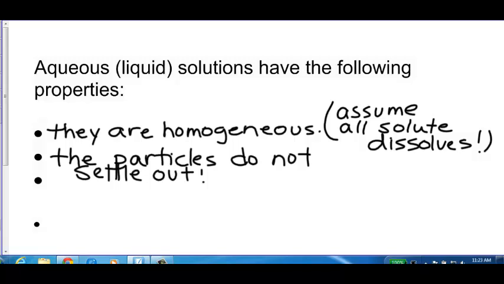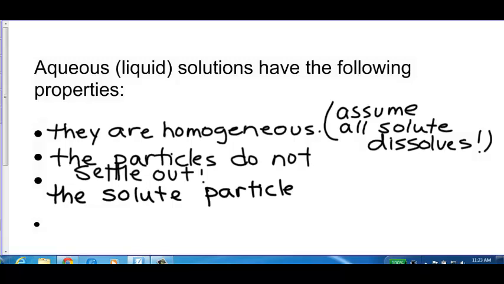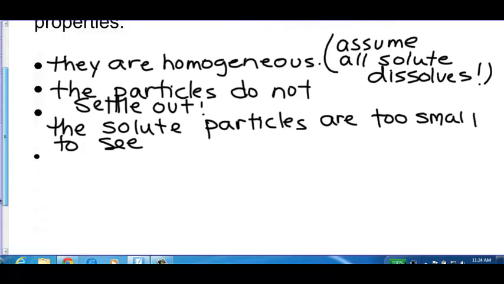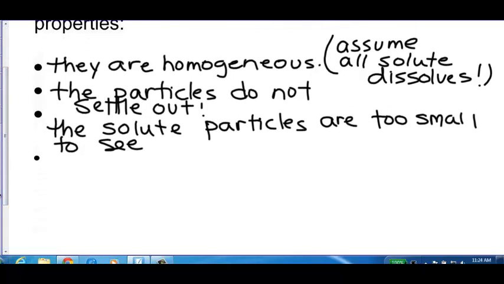In a solution, the solute particles are too small to see. And solutions may be colored or not.